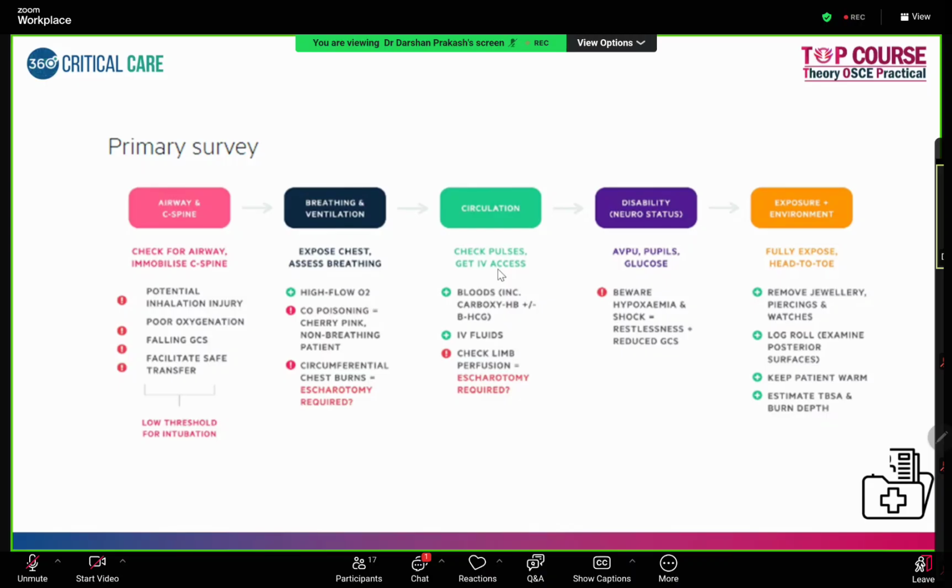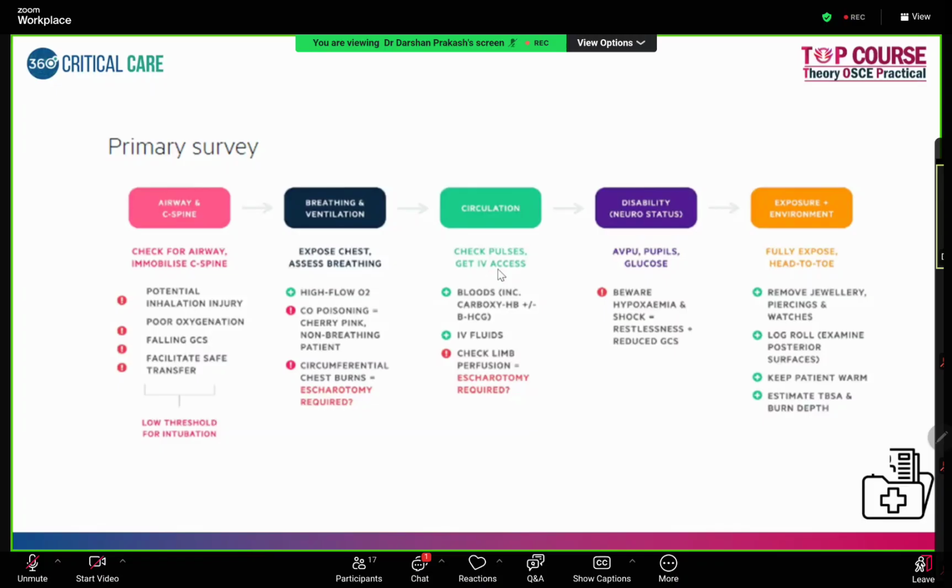Okay, look for circulatory issues, check for your vital signs, get in your ABG, look at the other hemoglobins. If you have a good ABG machine, it will give you the other altered hemoglobinopathies if at all it is present. Hydrate these patients. Probably it would be judicious to start off with one of the formulas which I'll be mentioning later on, but always keep a check on the vital signs when you're resuscitating these patients.